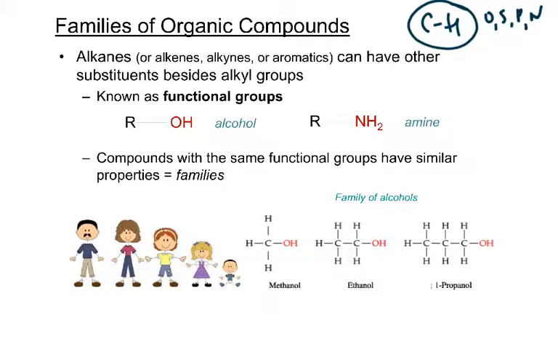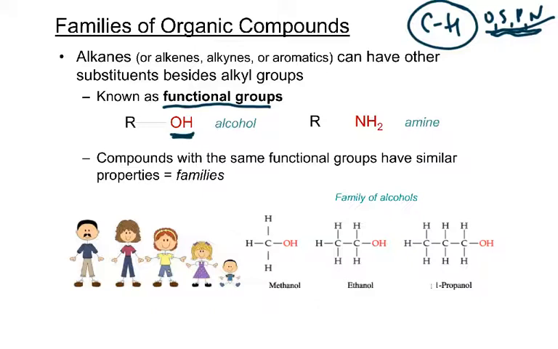And so we will find these different patterns of groups containing these elements on different organic molecules, and if they have those same pattern groups, they tend to have similar properties. So we call these things functional groups. An example of a functional group is an OH.